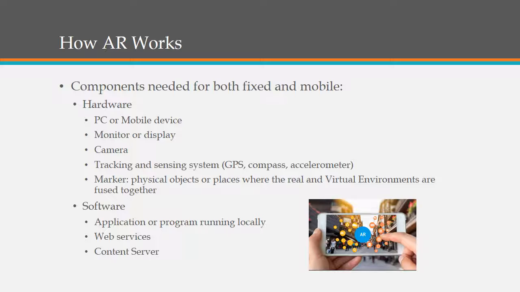This is what the computer identifies as the place where digital information is to be presented. Another component is software, such as an application or program that runs locally, maybe a web service or a content server. These are 2 very important components for augmented reality and allows them to work.